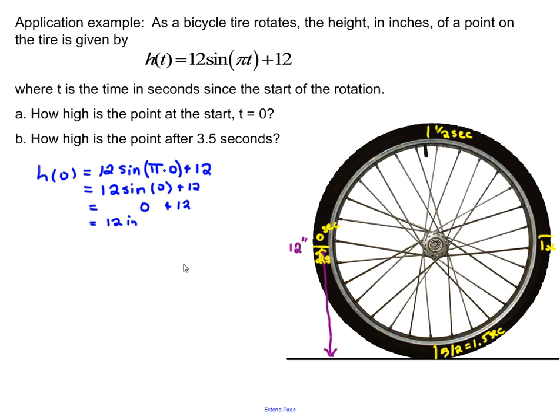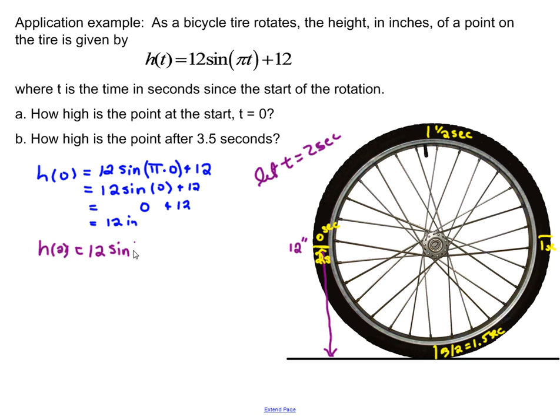Now, how did I know that? Well, let's take a look at some numbers. Let t equal 2 seconds. How do I know this? At t equals 2 seconds, h of 2 is equal to 12 times the sine of 2 pi.